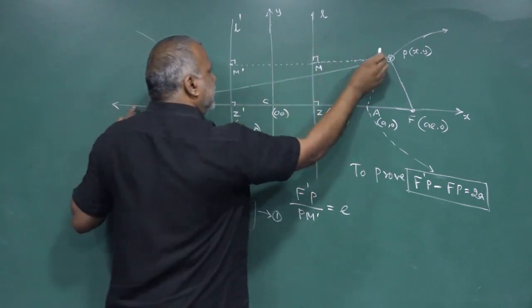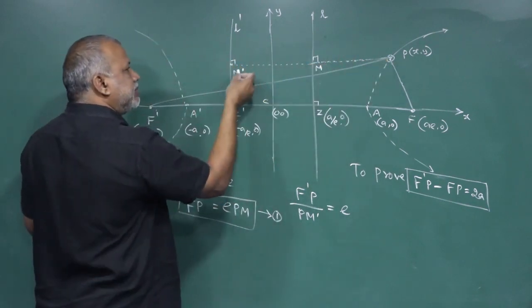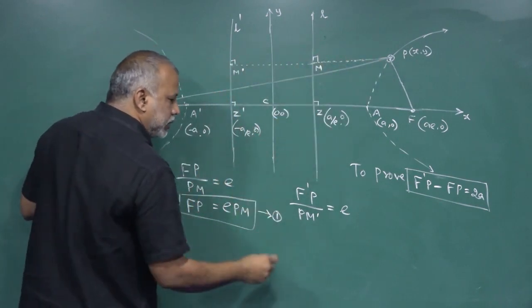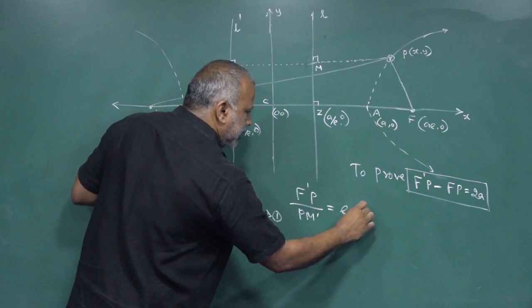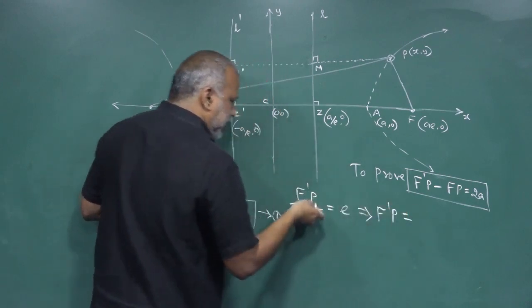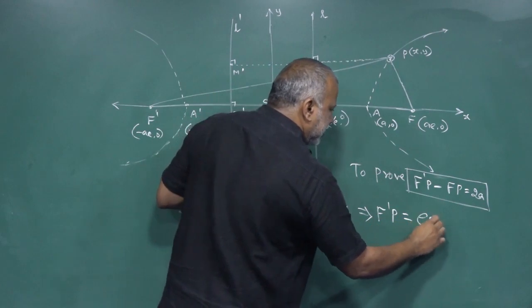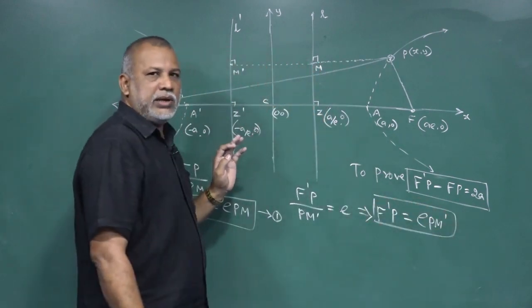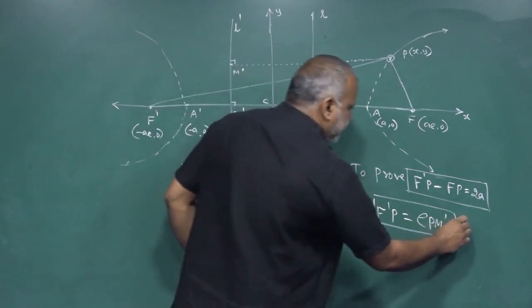Now F dash P divided by PM dash, instead of M I am taking M dash, so that F dash P divided by PM dash is also E. Now cross multiplying, I can get F dash P equal to E times PM dash. Refer to this as equation number 2.